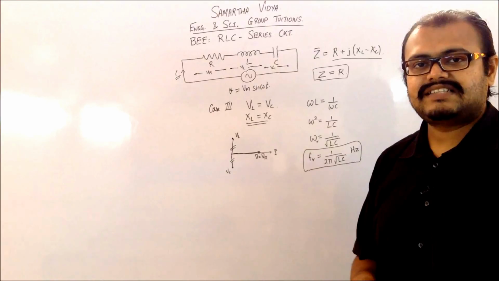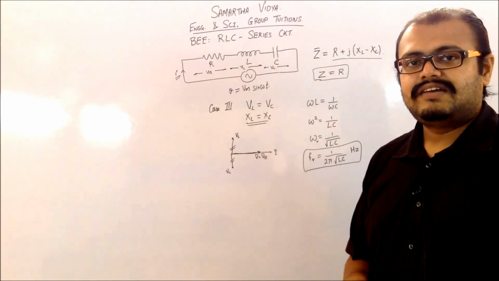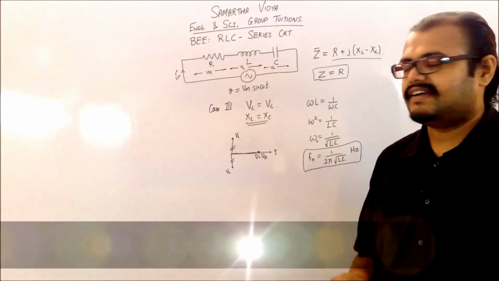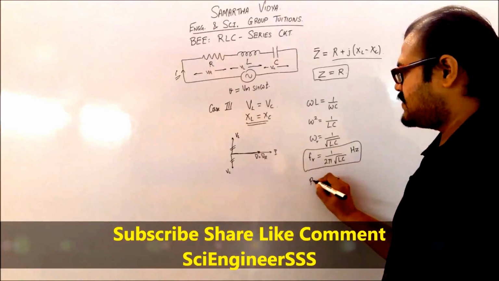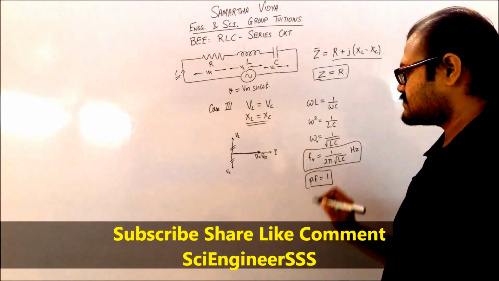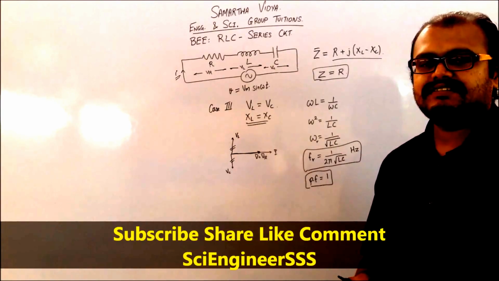And power factor is given by cos phi, where phi is the phase difference. So the power factor is equal to cos 0. That is why your power factor whenever resonance is occurring is always going to be 1. So there is a maximum power delivered in this particular circuit.